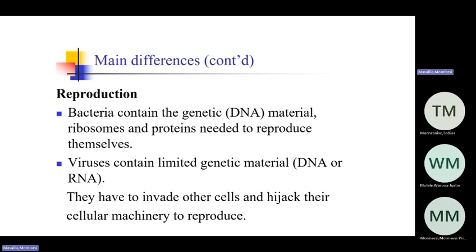How does this affect reproduction as a difference? It is because viruses cannot reproduce on their own. They have to invade the host cells and make use of the DNA of the host cells, for them to reproduce.